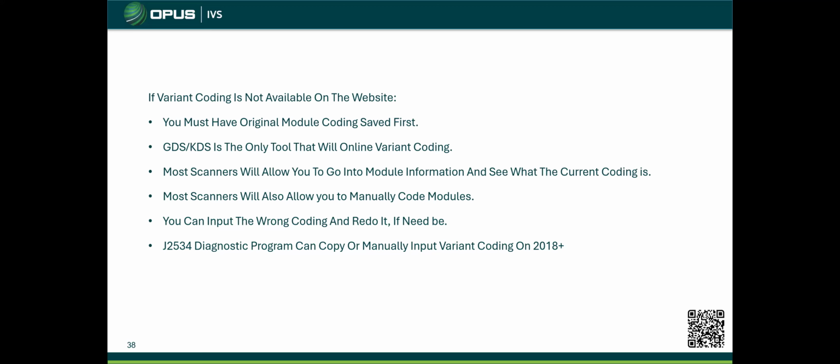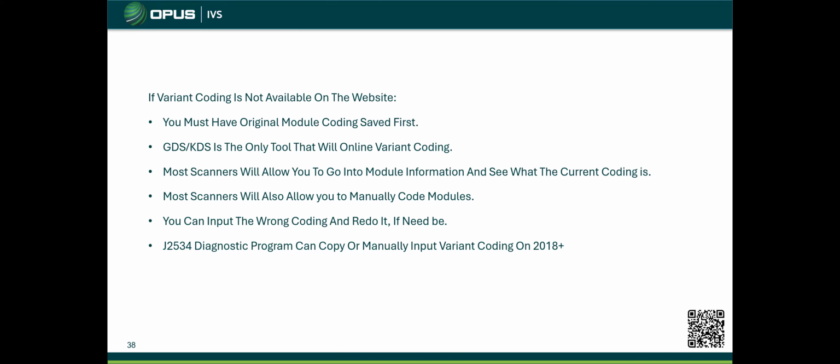So this is just a couple of bullet points from things that we went over. You must have the original module coding saved first, and I stress this, like this is something I see regularly. GDS or KDS is the only thing that will do an online variant coding. Most scanners will allow you to go into the module information and see what the coding is, and most scanners will also allow you to manually code these modules.